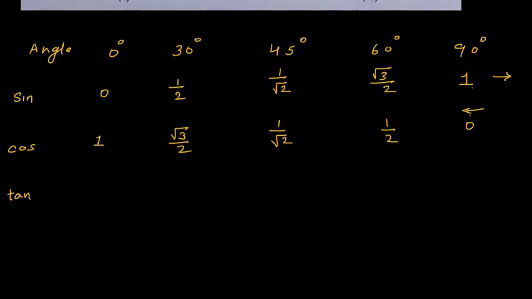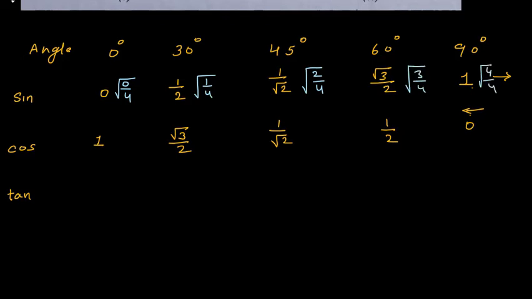They are nothing but square root of 0 upon 4, square root of 1 upon 4, square root of 2 upon 4, square root of 3 upon 4, and square root of 4 upon 4.